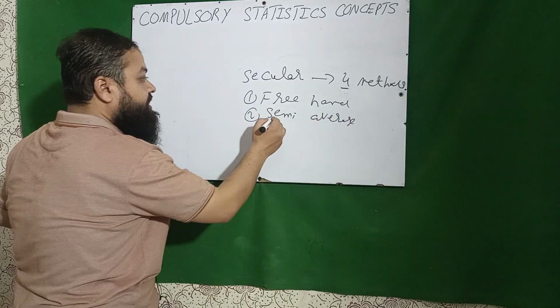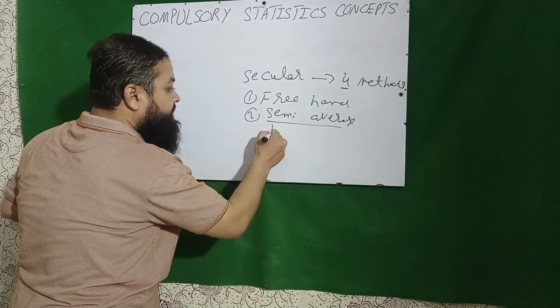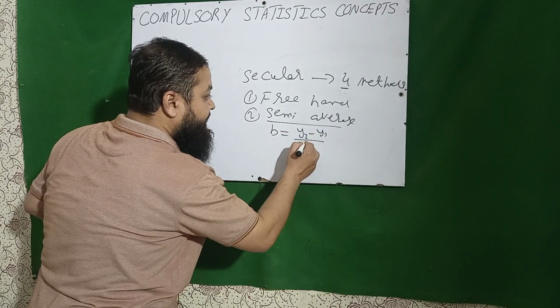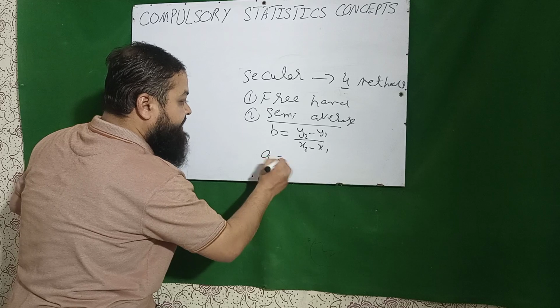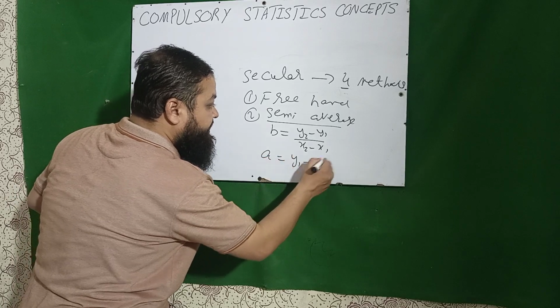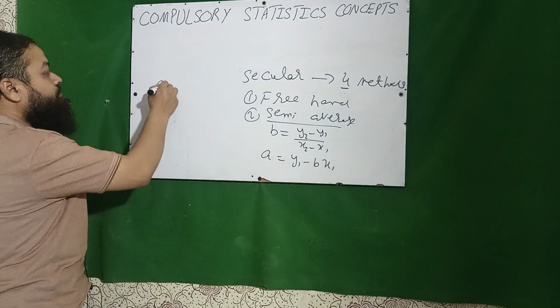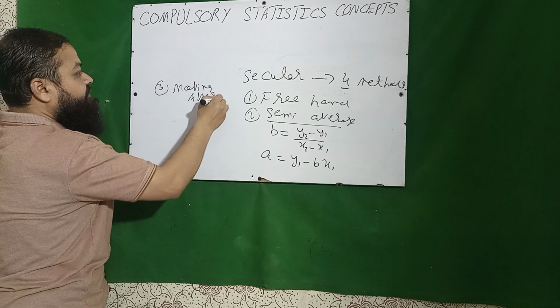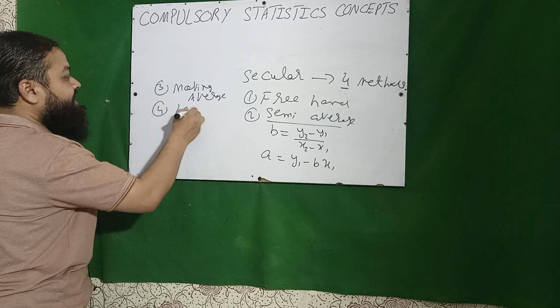In semi-average, the question can be about the B. The value of B will be determined by y2 minus y1 over x2 minus x1, and A is obtained by y1 minus bx1. The third one is moving average method. And the fourth and the last one is method of least square.